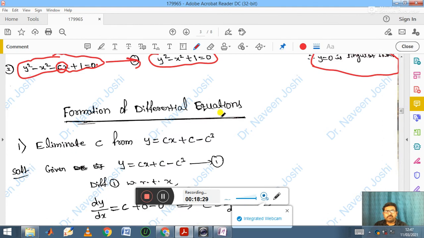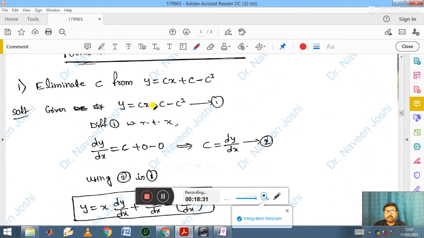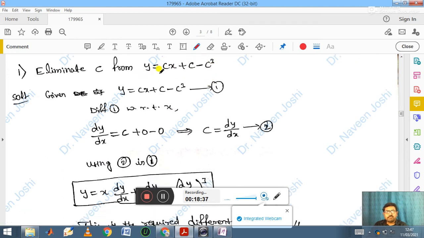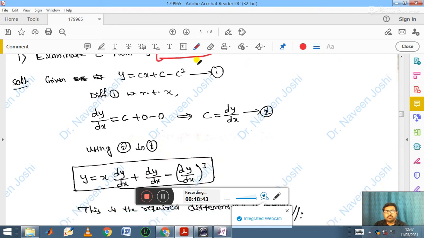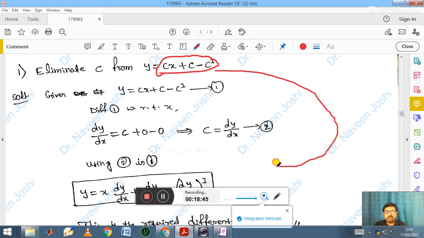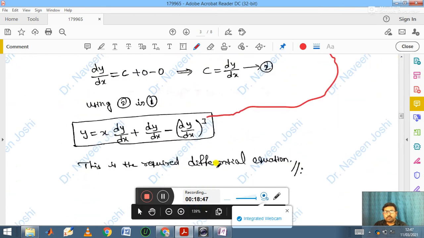Next, formation of differential equation. Just now I explained this problem, y equals cx plus c minus c cube. It consists of only one arbitrary constant c, so by differentiation, if you eliminate c, it leads to a first order differential equation. Okay.